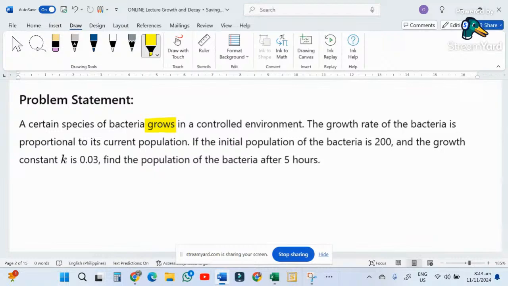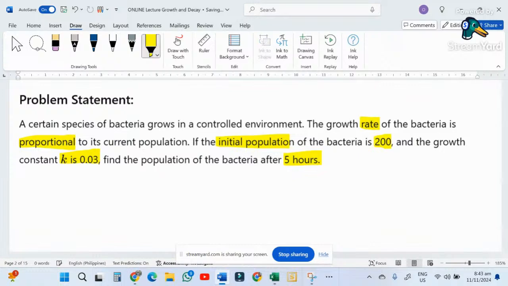The growth rate of the bacteria is proportional to its current population. If the initial population of the bacteria is 200 and the growth constant is 0.03, find the population of the bacteria in 5 hours. So it's growth.